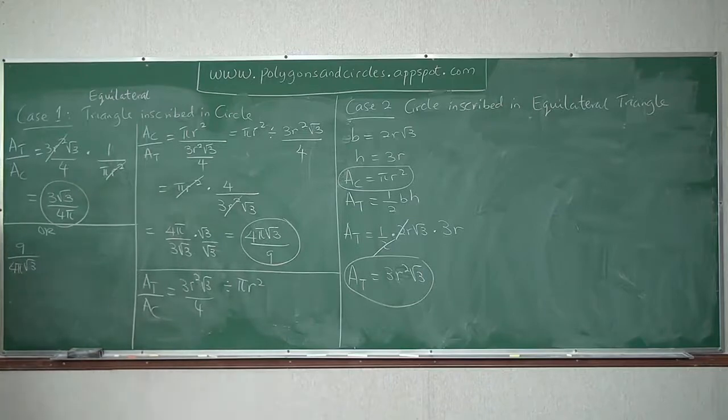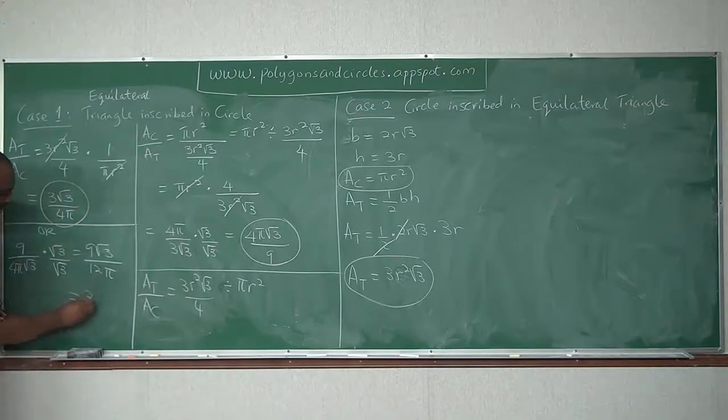Okay? And you just rationalize times root 3 over root 3. And this will give us 9 root 3 over root 3 times root 3 is 3 times 4, 12 pi. And then you simplify, and you have 3 root 3 over 4 pi. Okay? The same thing.